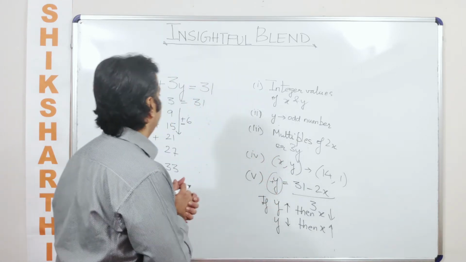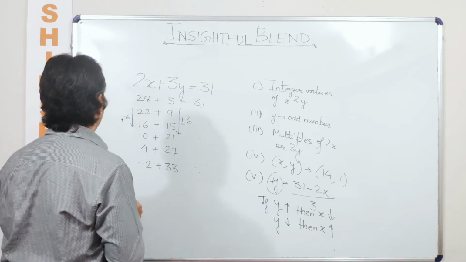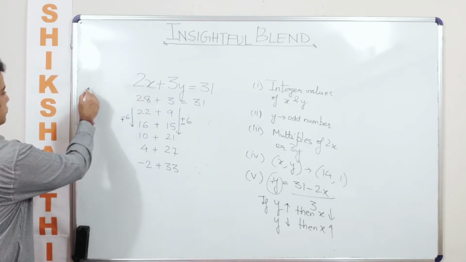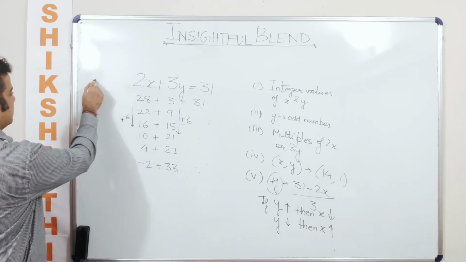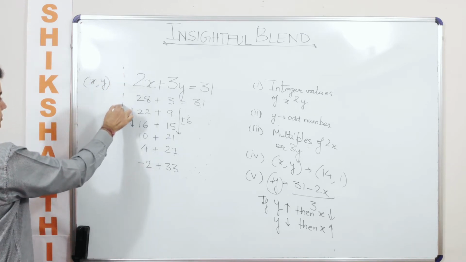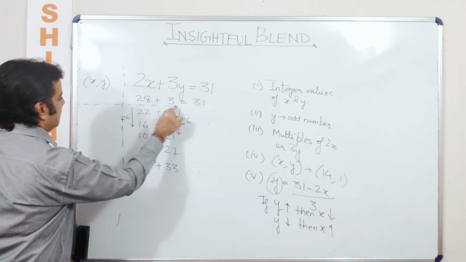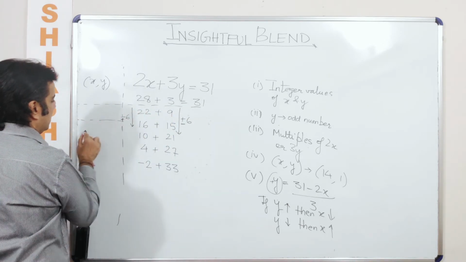Next thing now, which is the final thing here, is can we just list all the values of x and y here? So if I have to list the values of x comma y, let me just list all the values, case by case.